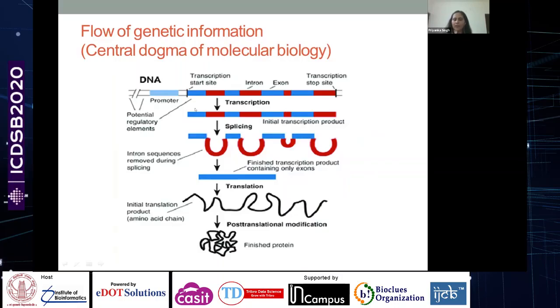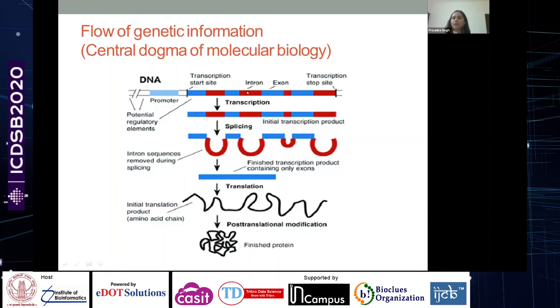In this central dogma, there are certain important steps. One is called transcription. In the process of transcription, the DNA has all the genetic information. There are certain promoter sequences. There are certain protein coding sequences, depicted in blue in this picture, and these protein coding regions are called exons.